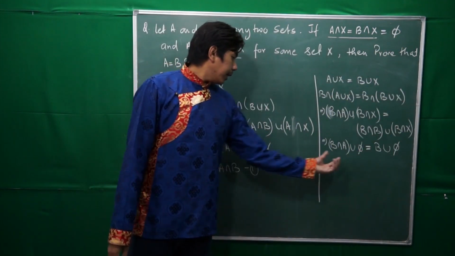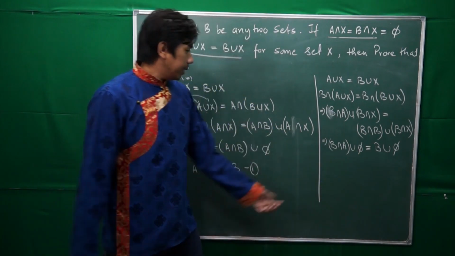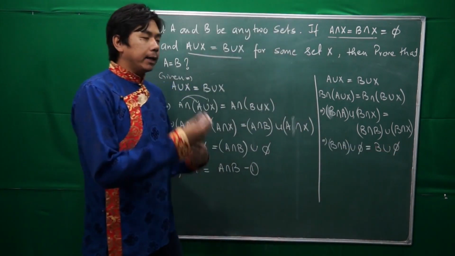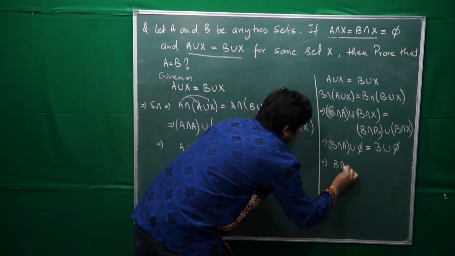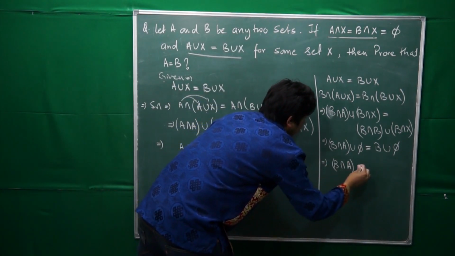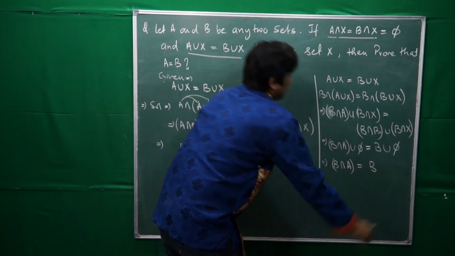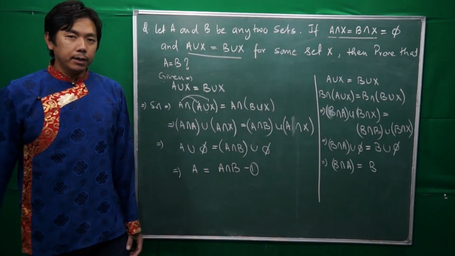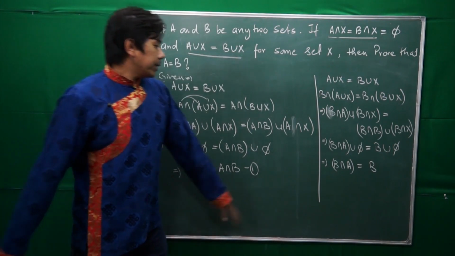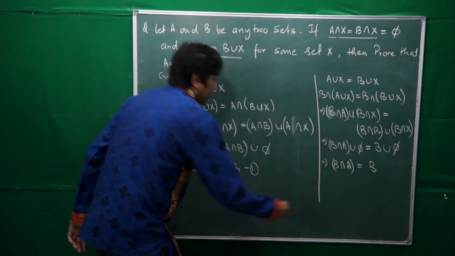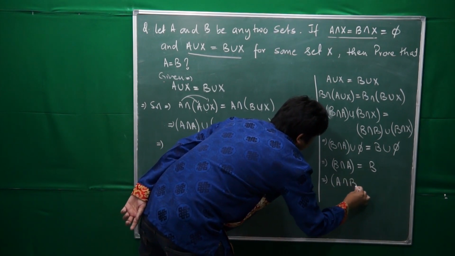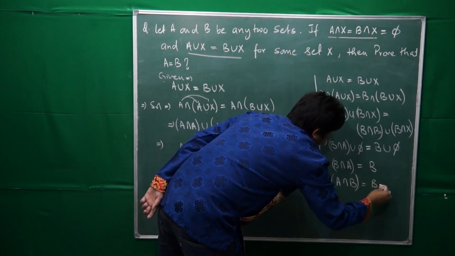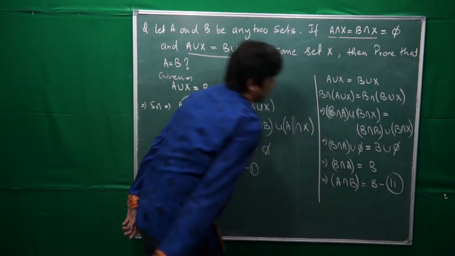Now again, union with the null set, it will again be B intersection A equals B. Clear? Now using the commutative law, B intersection A can also be written as A intersection B. This is my second equation.